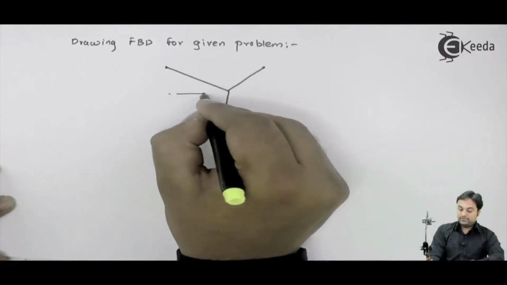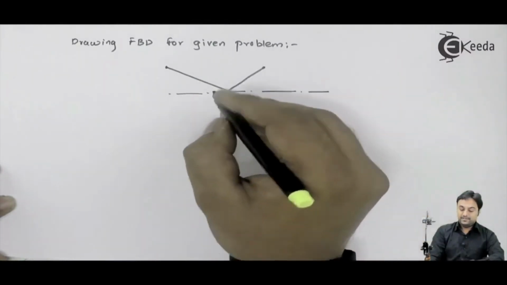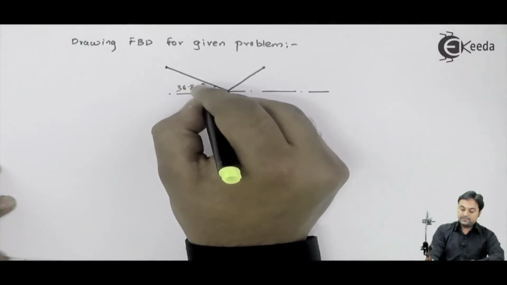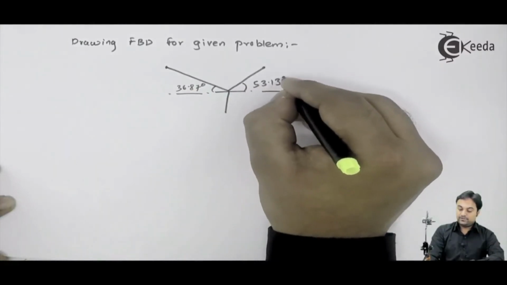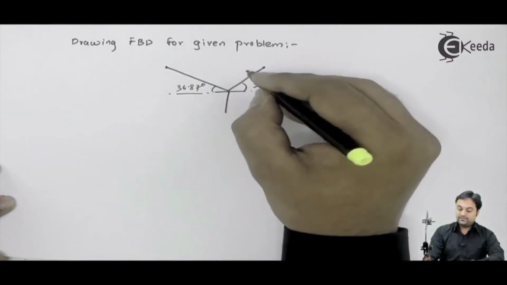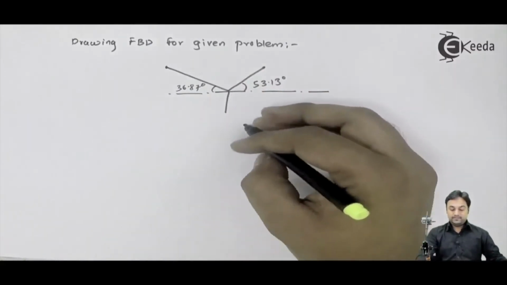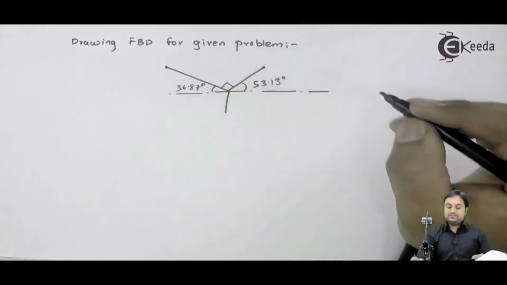I have calculated two angles here, one of AB, other of BC. Here AB, the angle is 36.87 degree. This angle with BC is 53.13 degree. You can take the difference out of them, and this angle would be 90. This is 90.